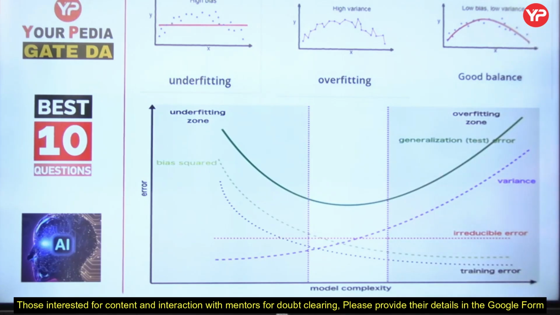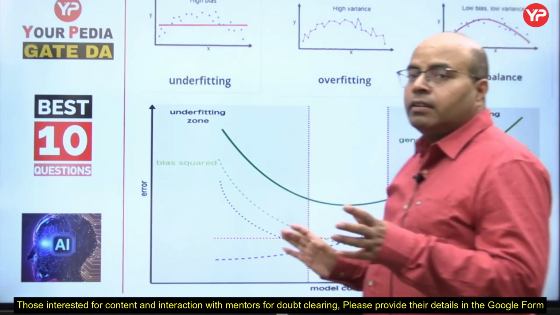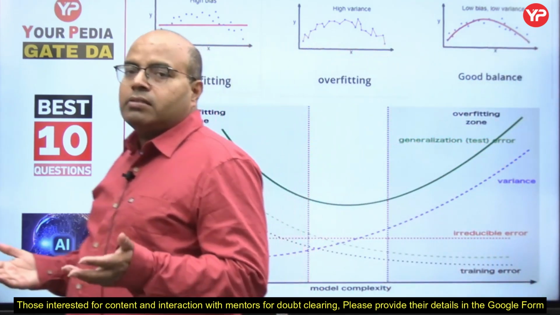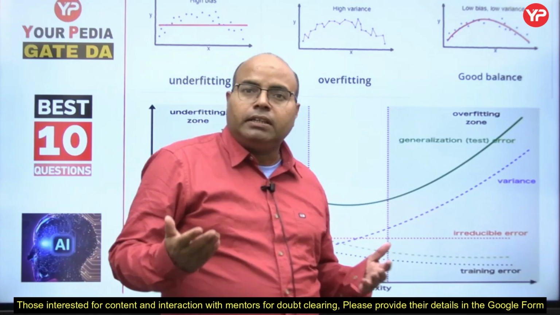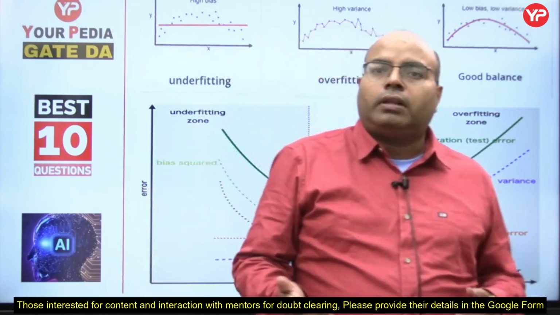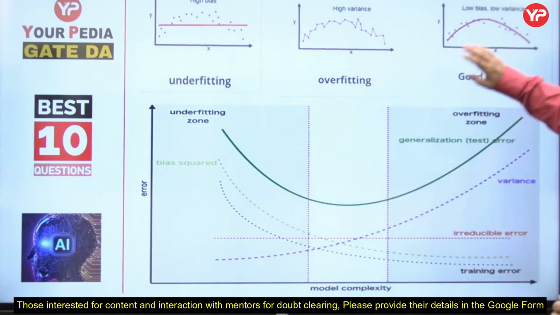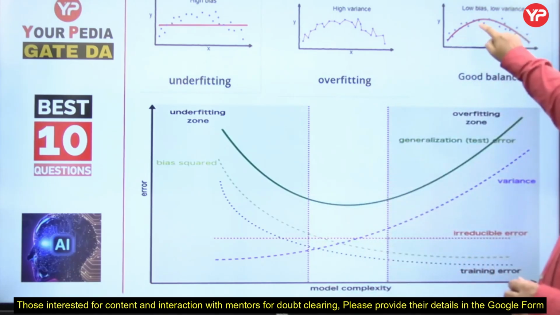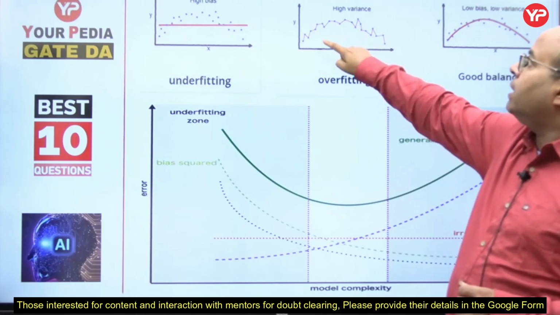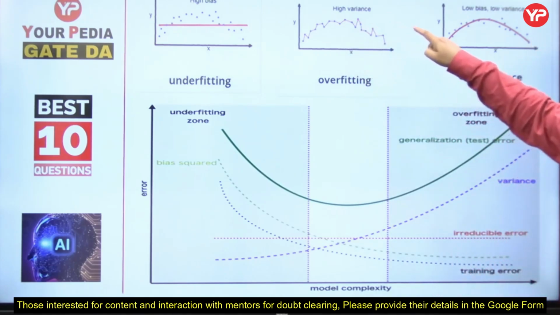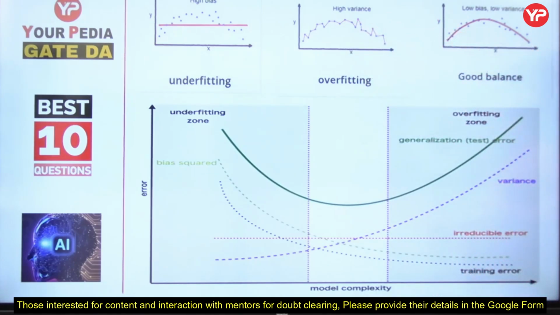The points which are lying outside may be due to noise or measurement errors. Those are also possible in real life situations. So fitting to each and every point will create high variance, and that is overfitting error.